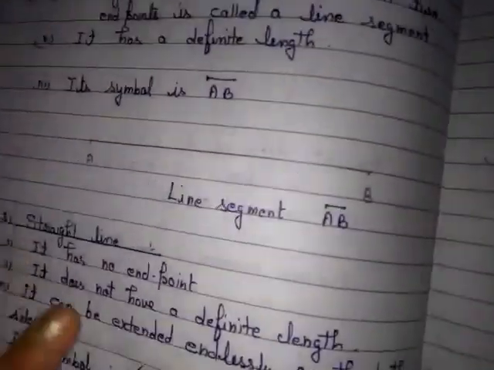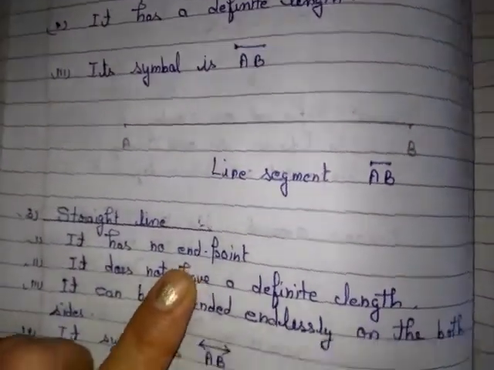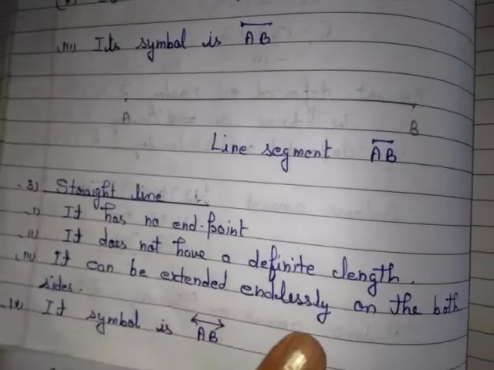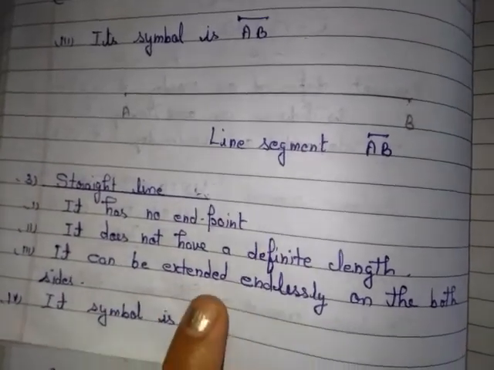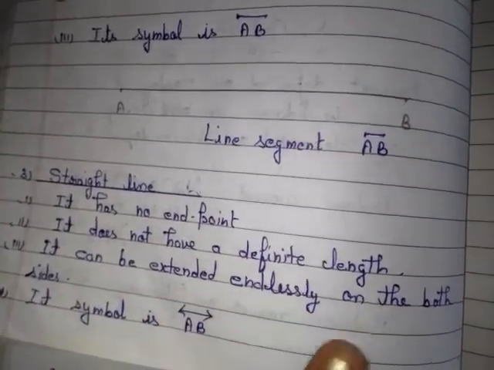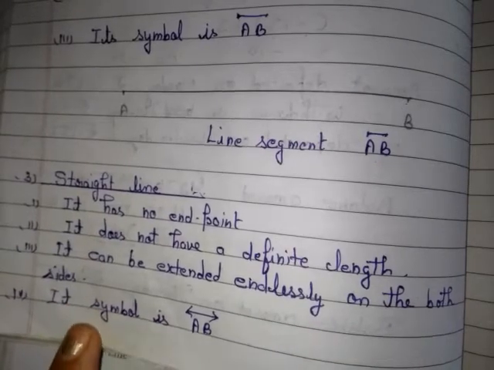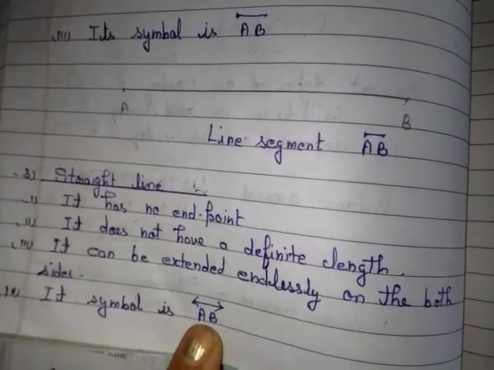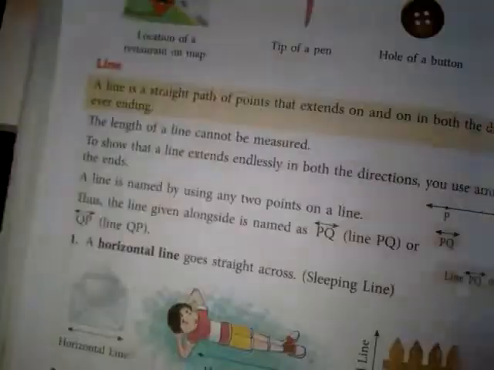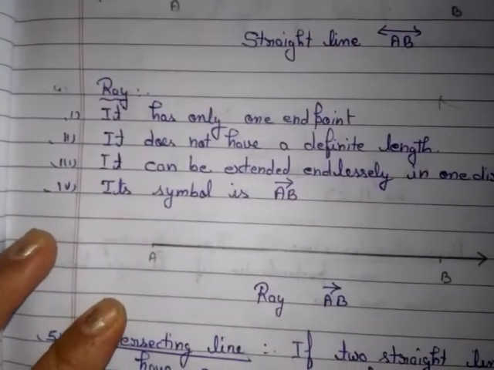The properties of a line are: it has no endpoint, it does not have a definite length, and it can be extended endlessly on both sides. Its symbol is AB, represented like this.